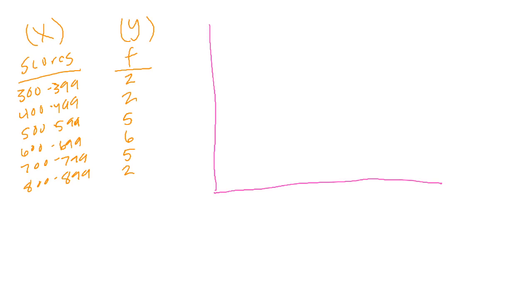All right, so our X-axis, of course, is still credit scores. Our Y-axis is still frequency. And let's go ahead and give this a try. So for credit scores now, we have fewer categories, right? We have 300 to 399, we have 400 to 499, and so on here.